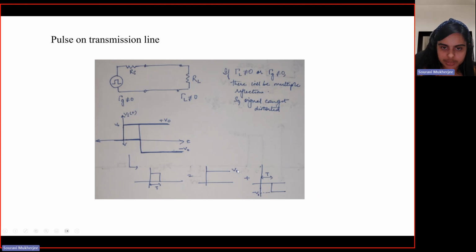Now if you add both of them together, after time t, because this is minus V naught and this is plus V naught, your net signal would go to zero. So this is how a pulse can be written, just another way of writing a pulse in terms of these two signals.